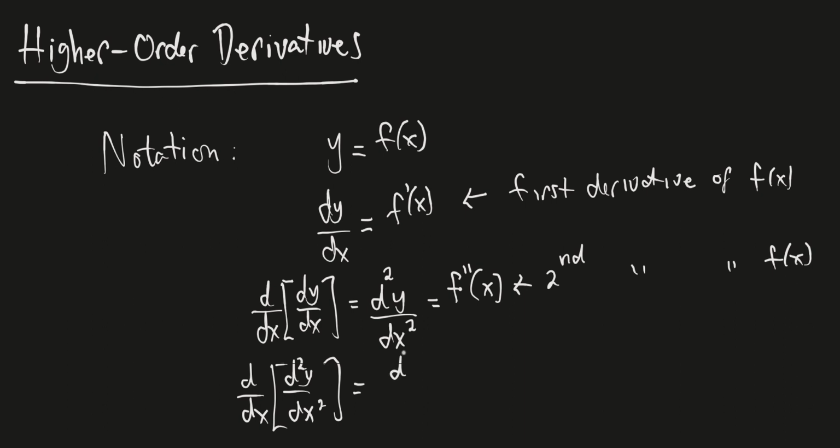So it's d cubed y, or d3y, and then in the bottom, again, we have three dx's, so dx cubed. And then for primes, as you might expect, we just put another prime there and end up with three primes, and that represents the third derivative of f of x.